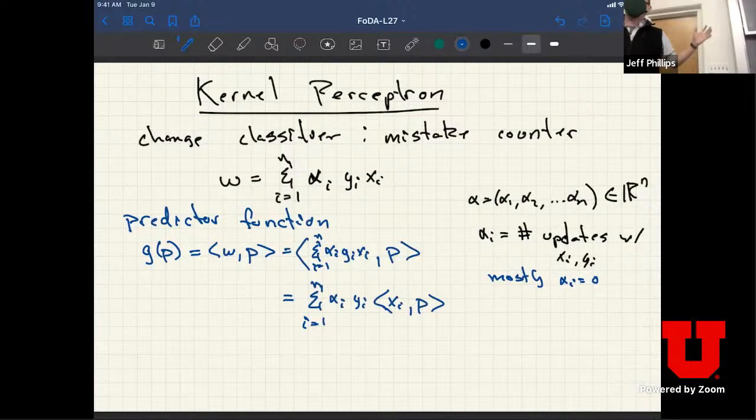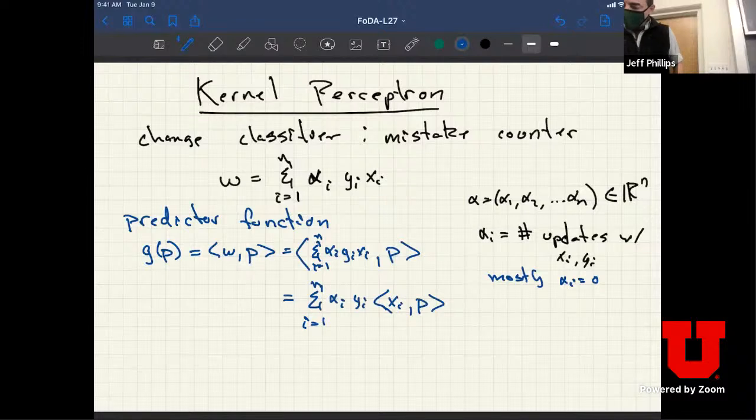So I haven't changed anything except the representation. This is a different way of implementing the same algorithm. I'm summing over the things I've made mistakes on instead of keeping track of a vector w. Keeping track of the vector w only requires d space, and it's probably simpler if I think of it that way, but this way will allow me to generalize to kernels. That's the important thing I'm going to do here.